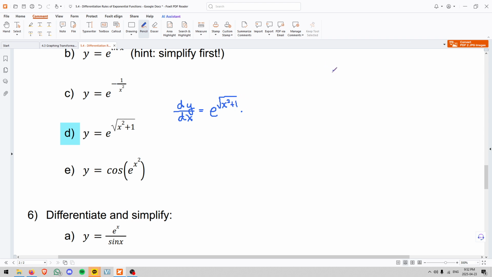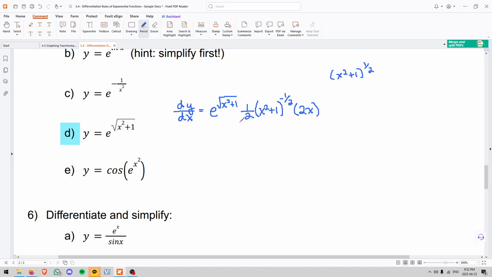So in my head, I'm going to pretend this is power of half. So the derivative of the exponent is going to be 1 over 2, x squared plus 1, subtract 1 from the exponent, and then chain rule, derive the inside.